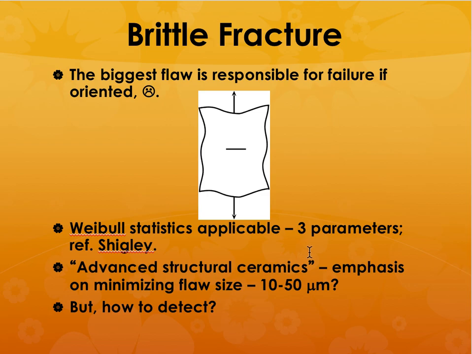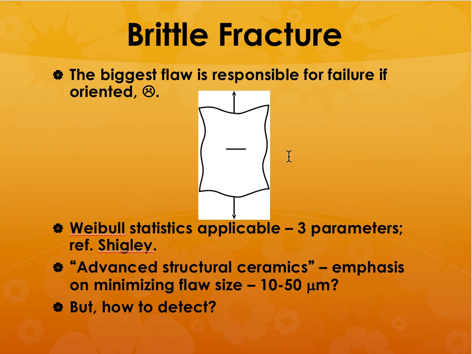Okay, so what will happen? This part will easily open up and fail. So what you will find out is that this block of material will fail at a stress level that is much lower than theoretically predicted, depending upon the number and the population of flaws in that material.